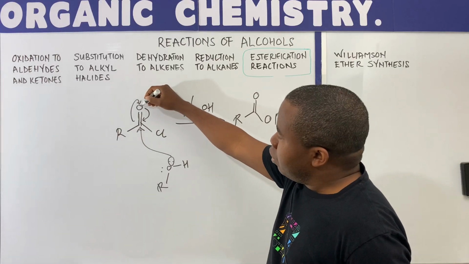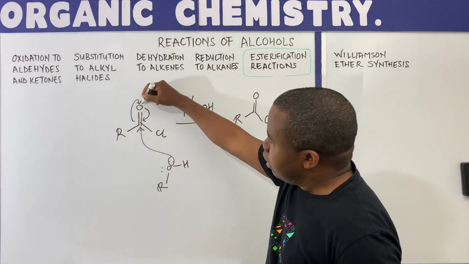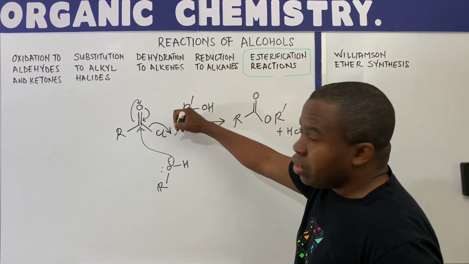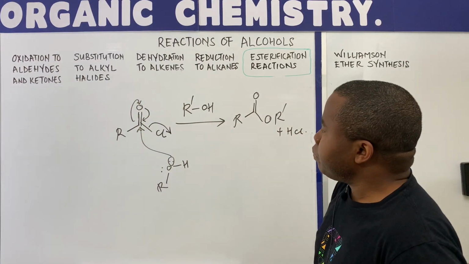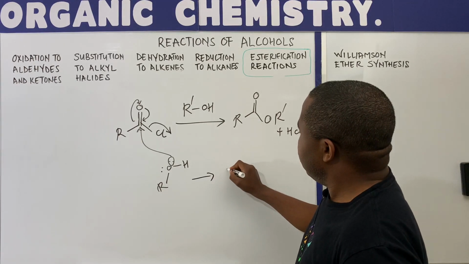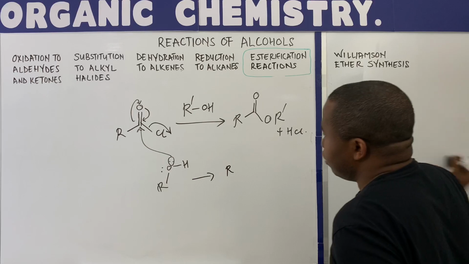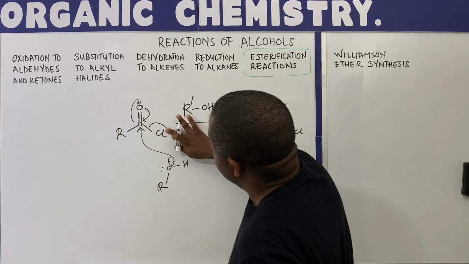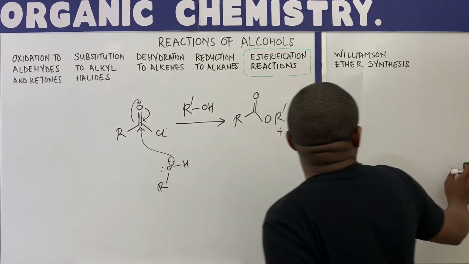Then the electron comes back, and the chlorine atom leaves as chloride ion, so that we have the final products. Let me just write it. It's not good to do chemistry like this, so let me just do it the right way.